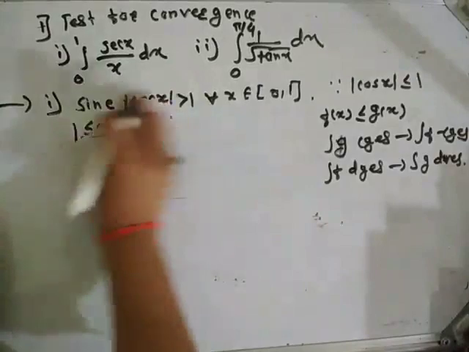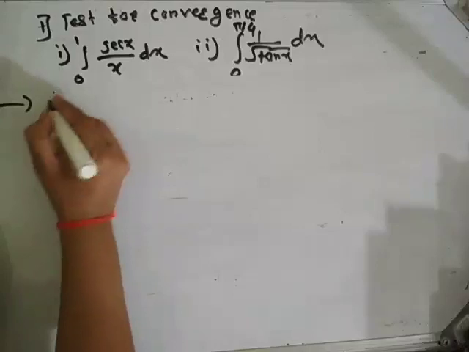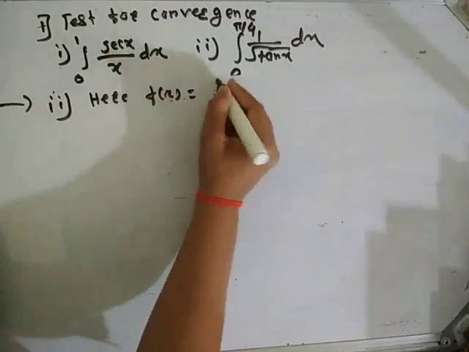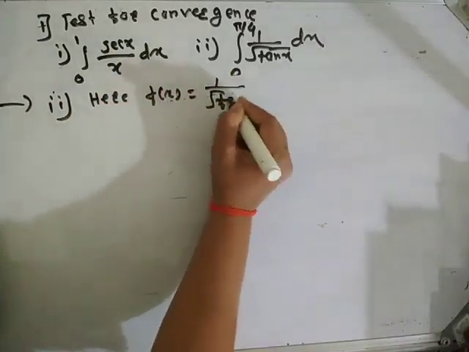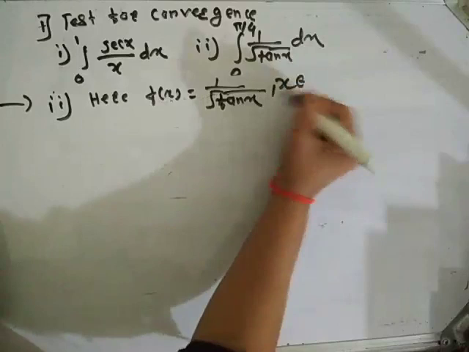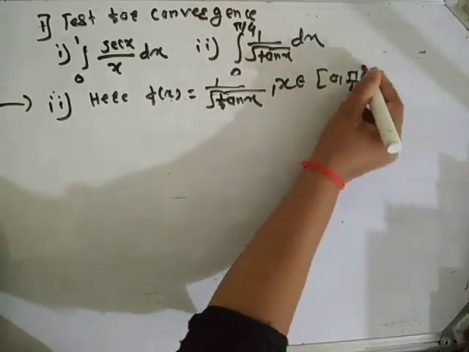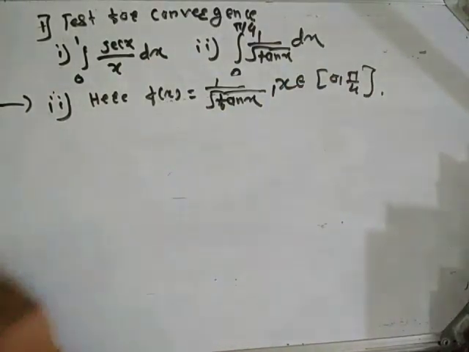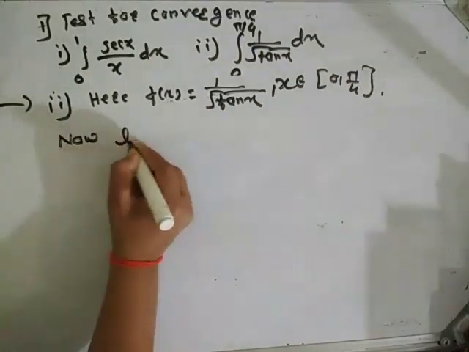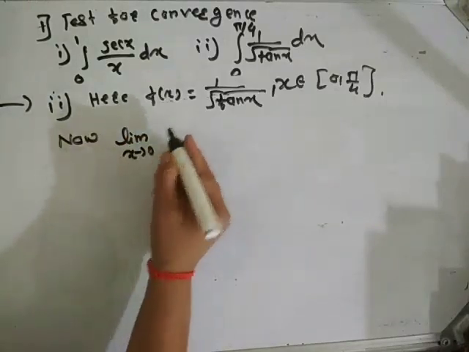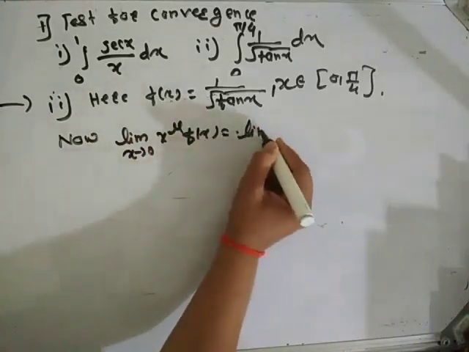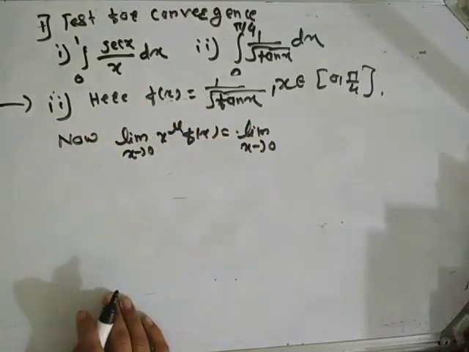Now we will solve the second part. Second example: here f of x is equals to 1 upon root of tan x, x belongs to closed interval 0 to pi by 4. Here we will use mu test. Now limit x tends to 0 of x raised to mu f of x.